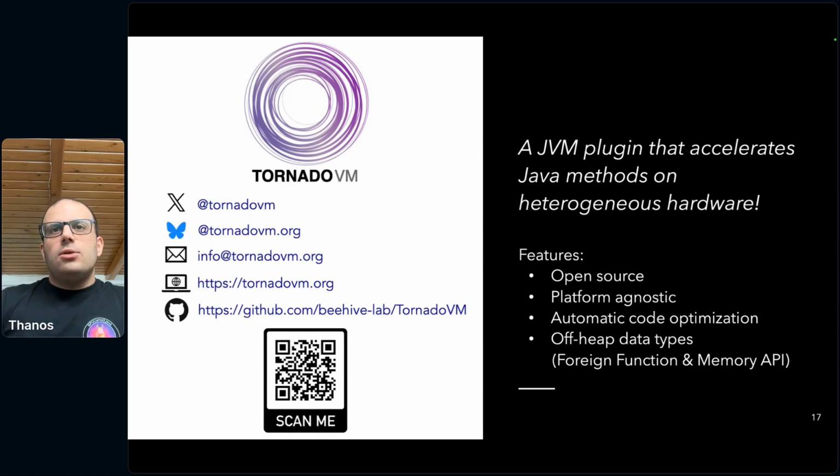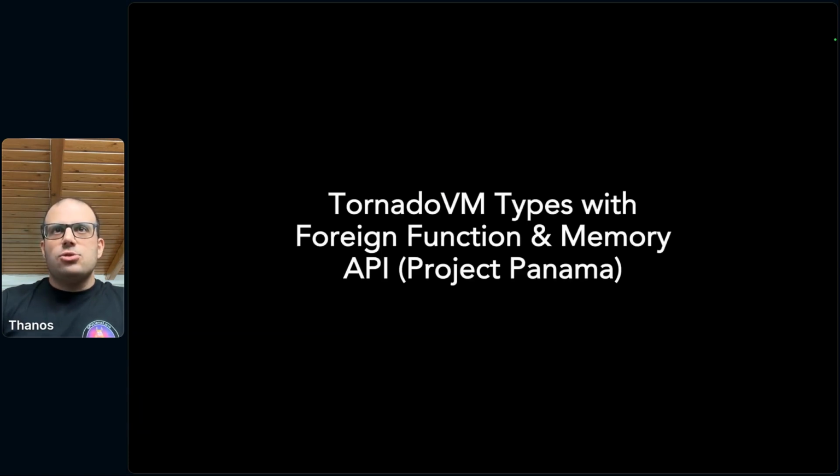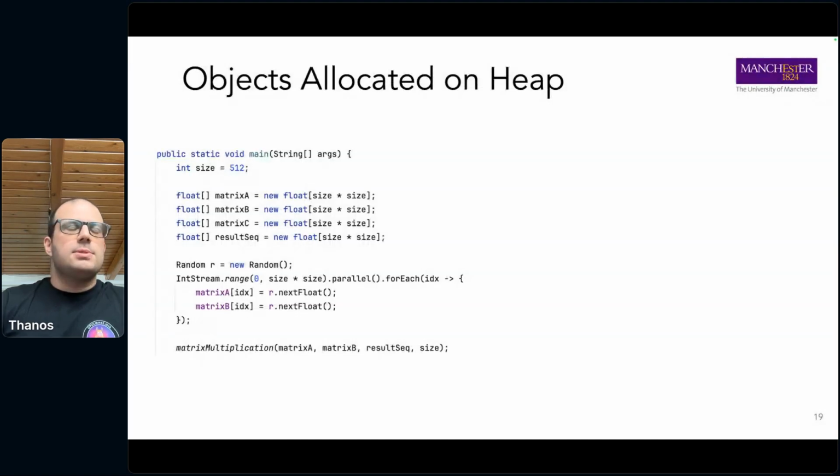Additionally, we are one of the first adopters of Project Panama. So we have developed some data types that enable users to allocate data off-heap with the Foreign Function and Memory API. I think this gives a great path to show you some of these data types.